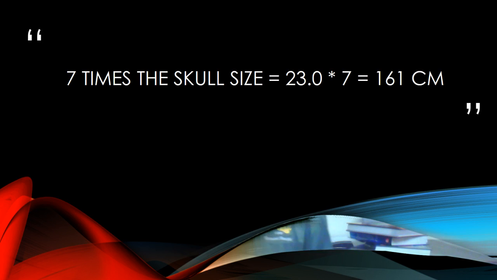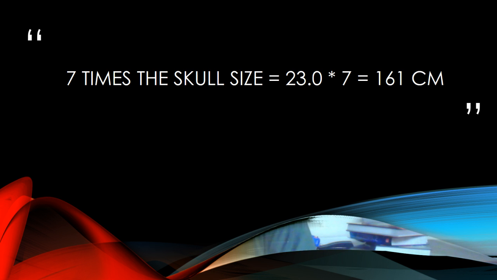Now, one thing that we know that your book's going to tell you is that artists use this rule of thumb, where when drawing a teenager, for example, they say that the size of the body is the head times 7. Okay? You can sort of check that out with yourself. You measure your head and you measure your height and see how close that works for you. So if we use the skull now, the skull is 23 centimeters.